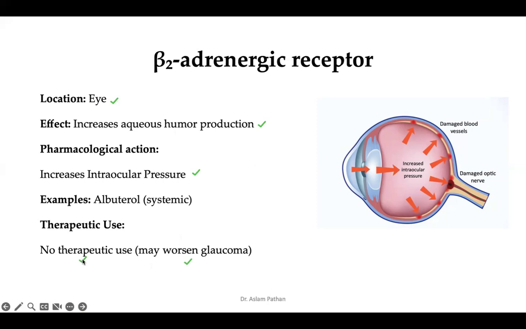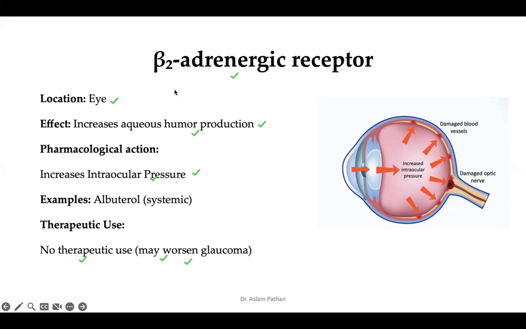So beta 2 adrenergic receptor agonists are not used in clinical practice because activation leads to increased aqueous humor production, which increases intraocular pressure and may worsen the glaucoma.